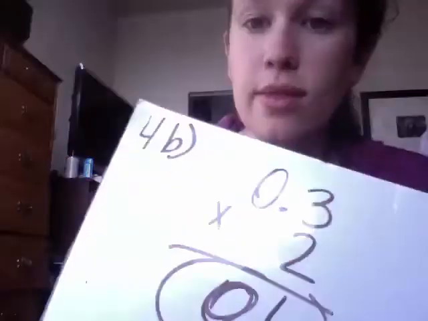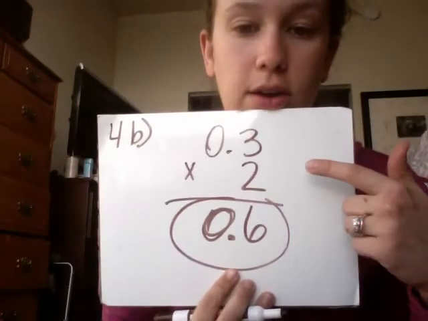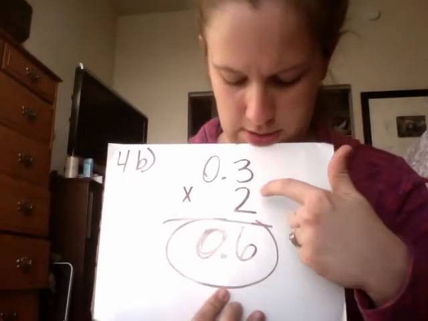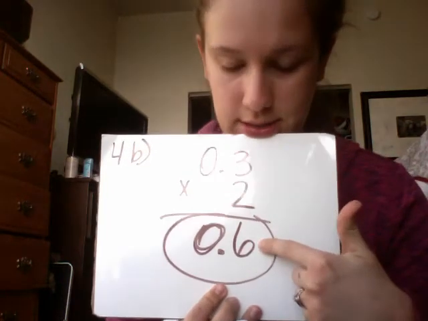Let's go ahead and do 4b, which is 3/10 times 2. All right, here we did 3 times 2, which is 6.